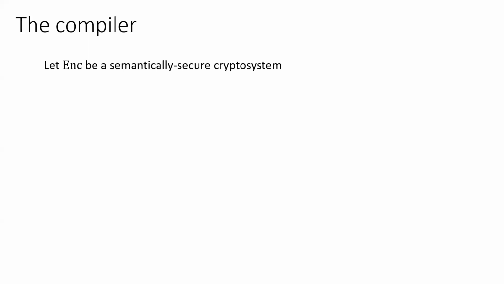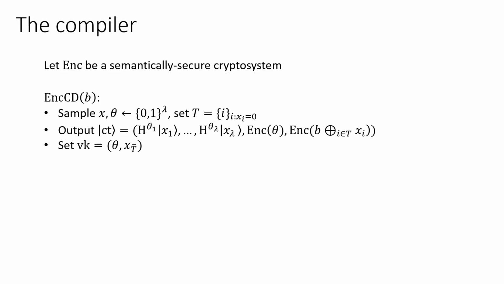So let's take ENC to be any semantically secure crypto system. You could think about it as a public key encryption scheme, or even just a computationally hiding commitment, or FHE, whatever you want. Now, if I want to augment it with some certifiable deletion property, I'll sample lambda Wiesner encodings, or BB84 states, whatever you want to call them.